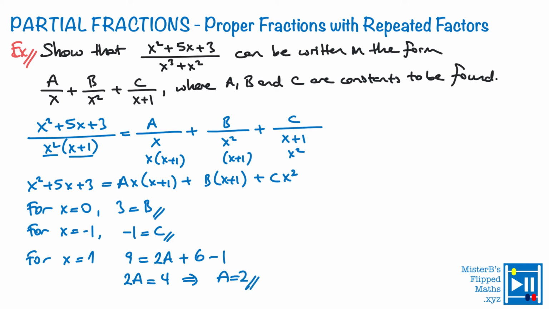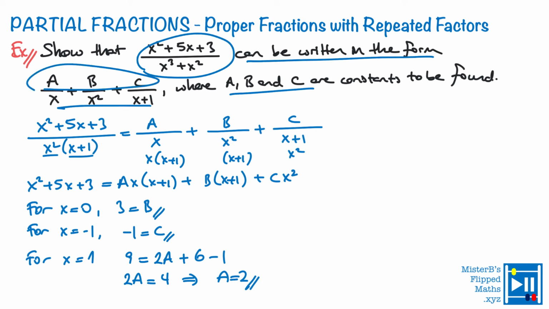Now I know all the constants a, b, and c. Let's refer to the question now. It asks us that this fraction can be written in this form, where a, b, and c are found. Well, we stated the values of a, b, and c. Most probably it is enough to stop here, but my suggestion is to write down the partial fraction decomposition, so substitute the values here.